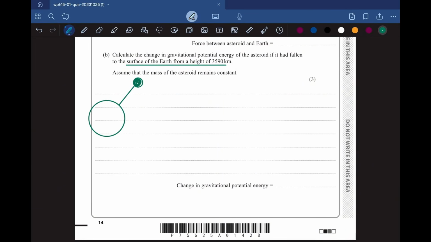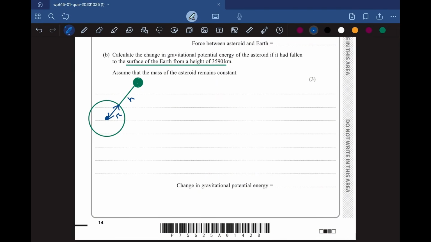We'll also have to take this value into consideration, the radius, though the line is not correct. So this is basically my radius, right? This small part is my radius, and this small part is the height from the surface of the earth to the asteroid.